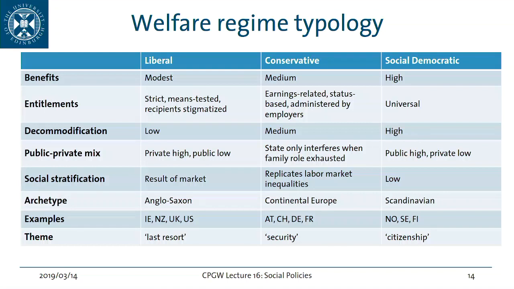Either the goal or the starting point is a society that has a low level of societal stratification, so you want a fairly equal society rather than an unequal society. And this is the model that you see, for example, in the Nordic countries, as you saw on our previous map, that all seem to have adopted a similar type of welfare state, where welfare is all about this idea of citizenship, or social citizenship.